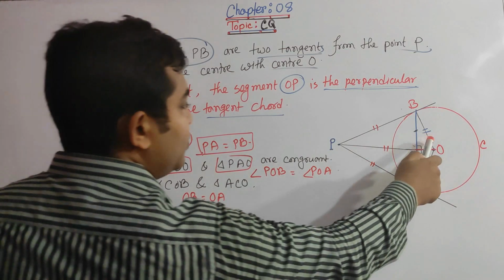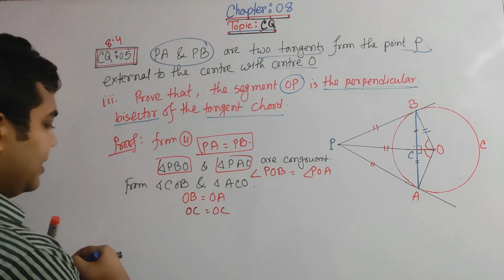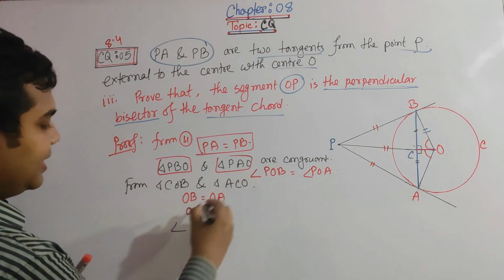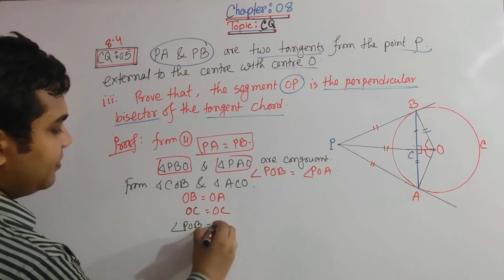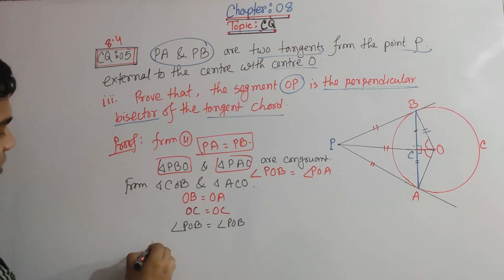Since these two angles are equal, we can say again that here OB is equal to OA, and the angle is also equal. If the angle is also equal, then these two triangles are congruent now.